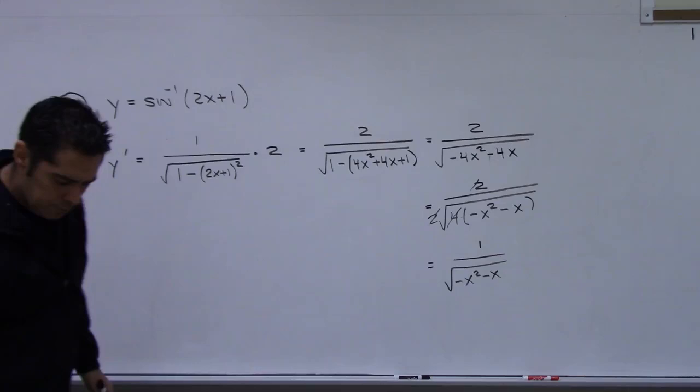Well, it's not 7 pi over 3 because, remember, for arcsine, we are only allowed to look between the first and fourth quadrant. Specifically, we can only look between negative pi over 2 and pi over 2. We've got to look inside that interval.